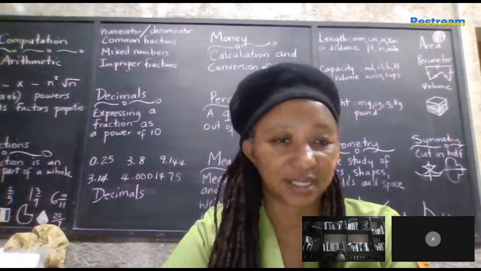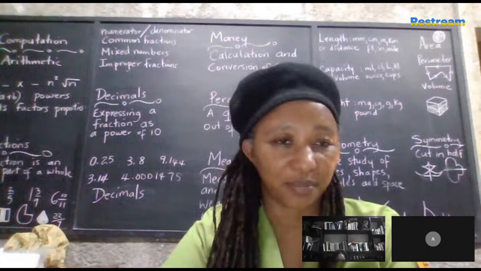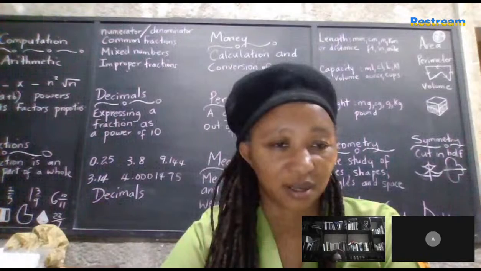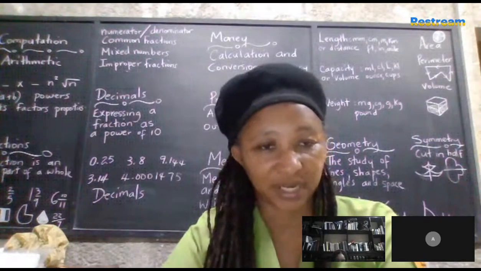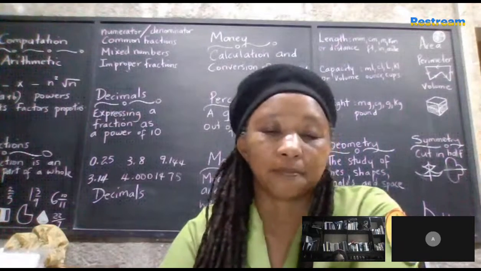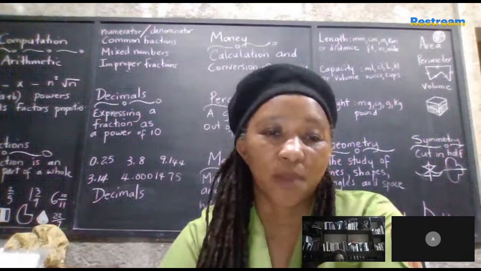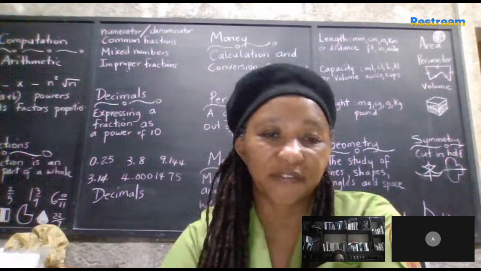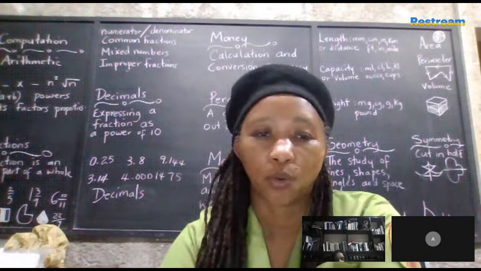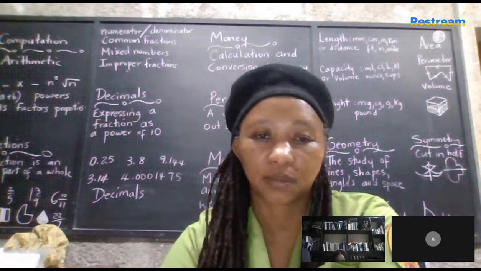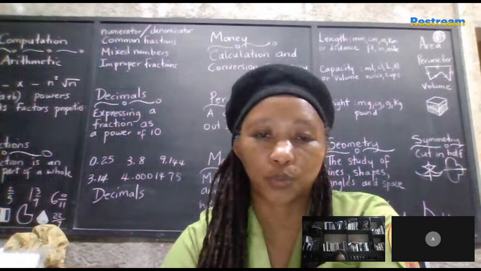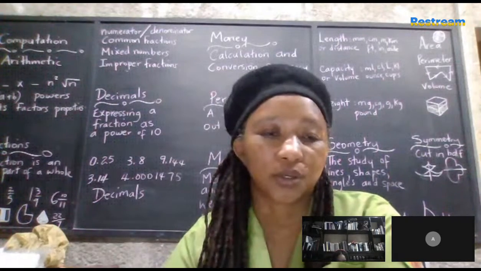It has capacity. There is space on the inside of it, right? And so the formula for the volume of the sphere would be 4/3 pi r cubed.